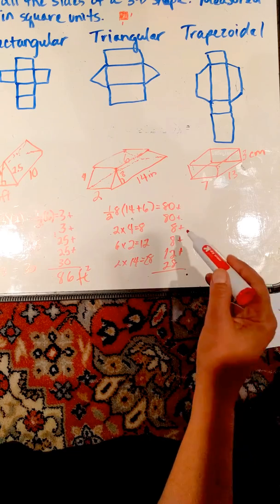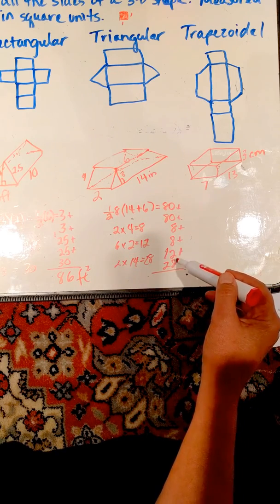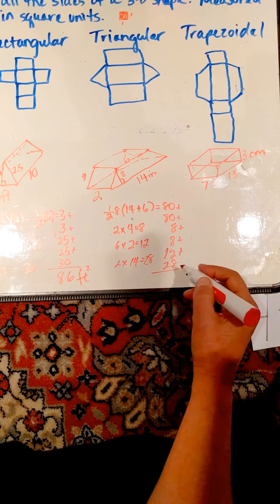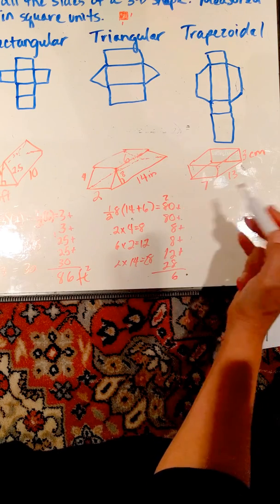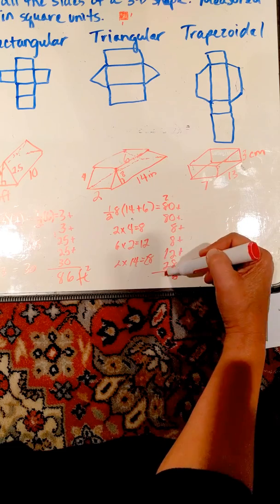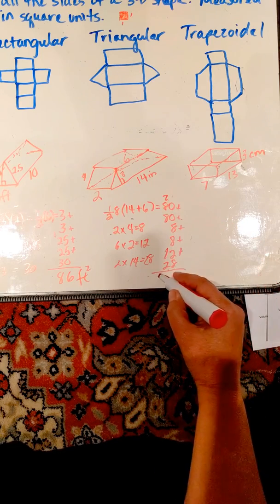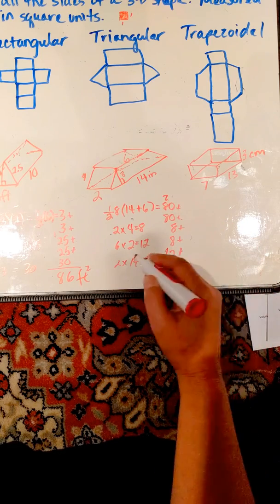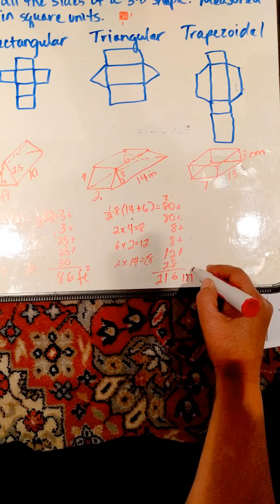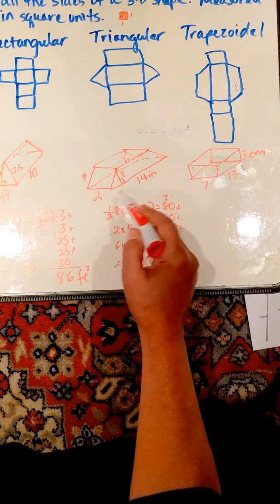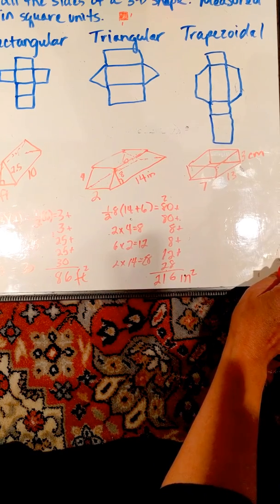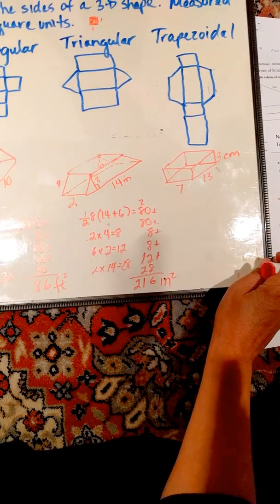All right, and then I add this up. 10, 26. 6, carry the 2. I've got 10, and 10 is 21. 216. And I'll say that's inches squared. Remember, squared inches. These are the surface area of a trapezoidal prism.